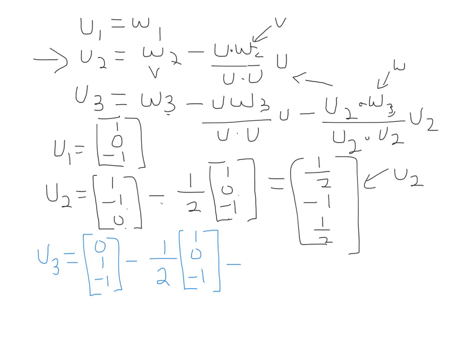And then we're going to go minus, and we're going to bring this part into it. So we have u2, which we just found, right, which is this one here, dot product with w. So dot product with w would be 0 plus minus 1 plus minus 1/2, so minus 3/2.